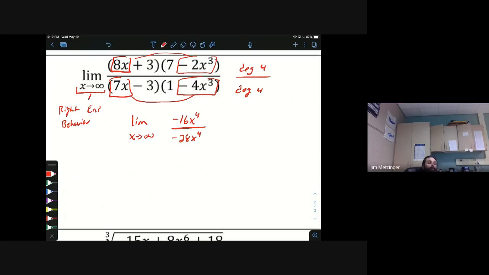Well, the ratio of the terms' coefficients is -16 over 28. Simplify that, 4 over 7. Two negatives make a positive. So basically, whatever that function was has a horizontal asymptote at 4/7.